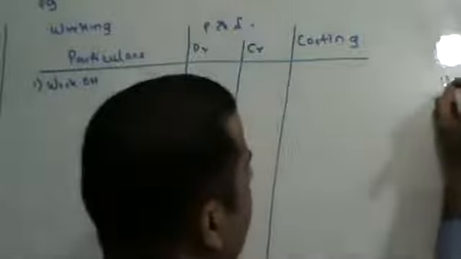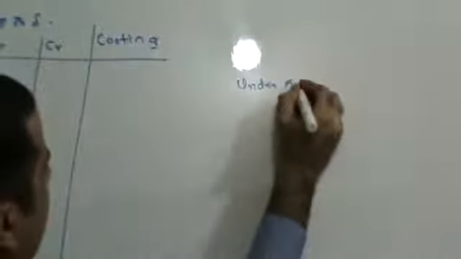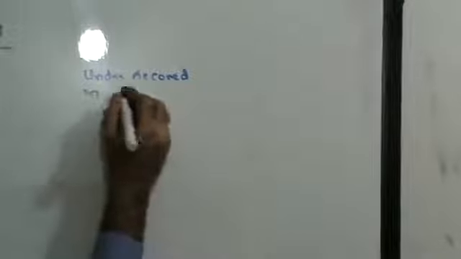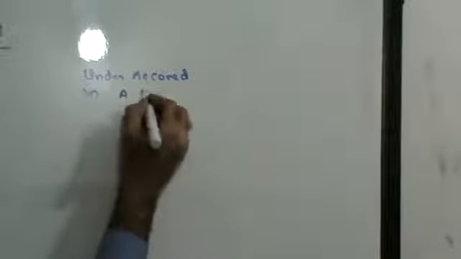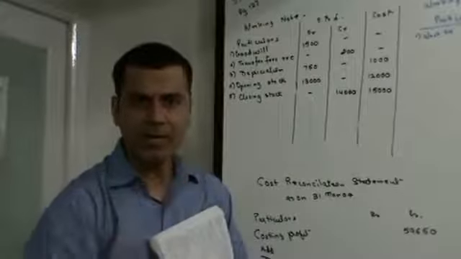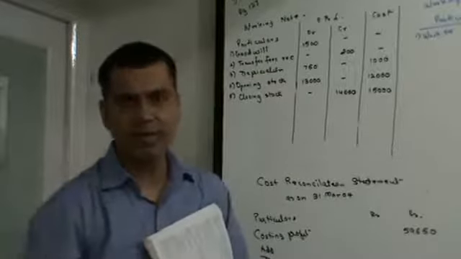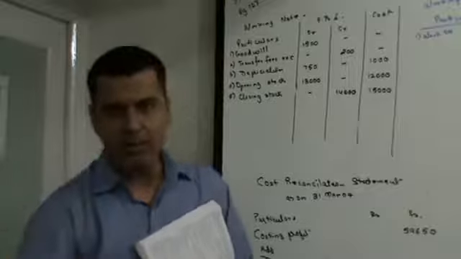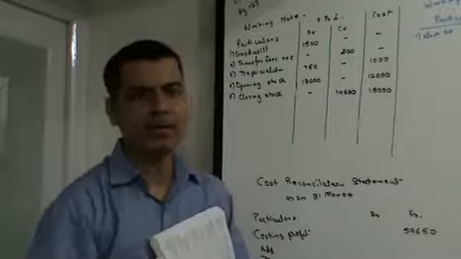Now, if they say under recovered in a book, guys, let's see this. If it is under recovered in a particular book, you have to make the transaction in the other book. That means if it is under recovered in P&L, you will make the entry in costing. If it is under recovered in costing, you will make the entry in P&L.